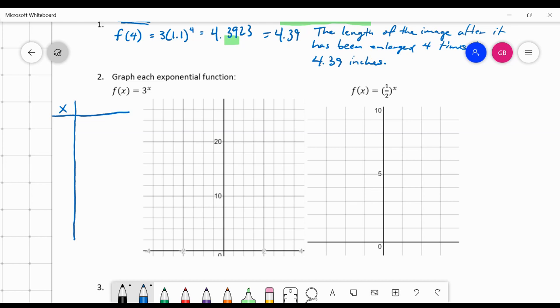So we could start with -2, -1, 0, 1, and 2. Okay, so if x is -2, we're going to plug it into the function, 3 to the -2 power. Remember with our rules of exponents, when you have a negative exponent, it goes to the bottom of the fraction. So it's going to be 1 over 3 to the second power, which is 1 over 9.